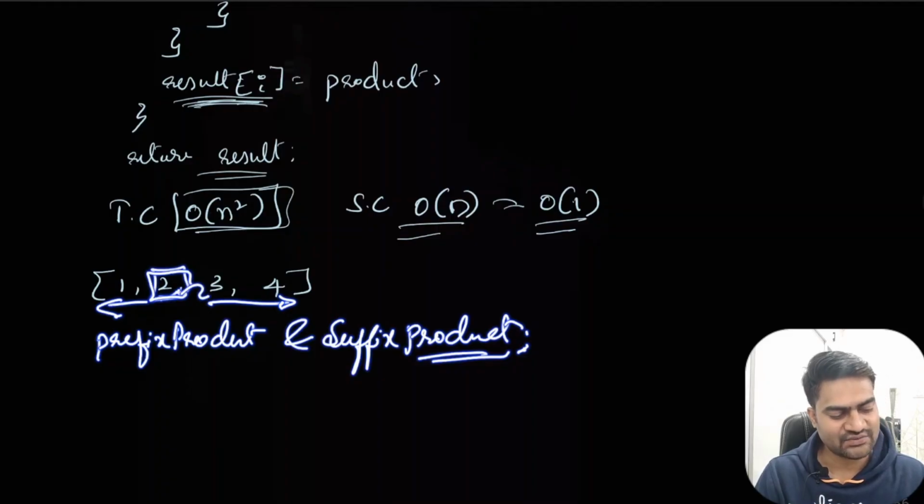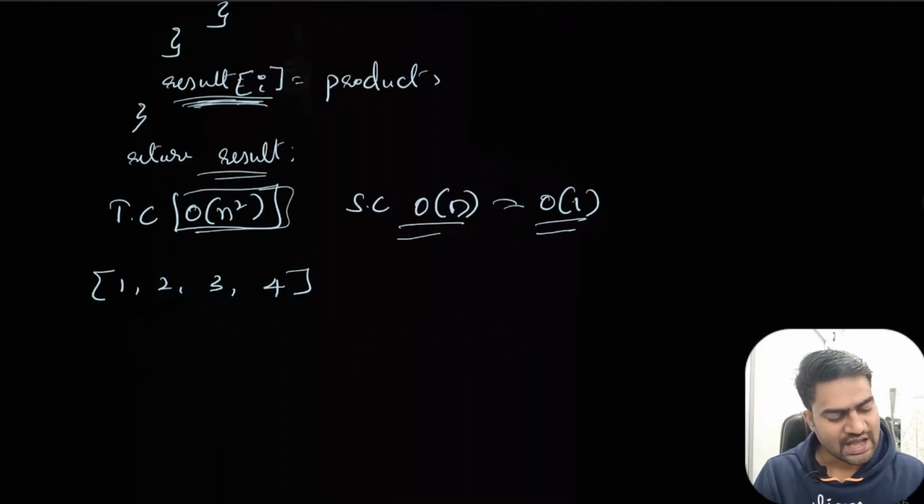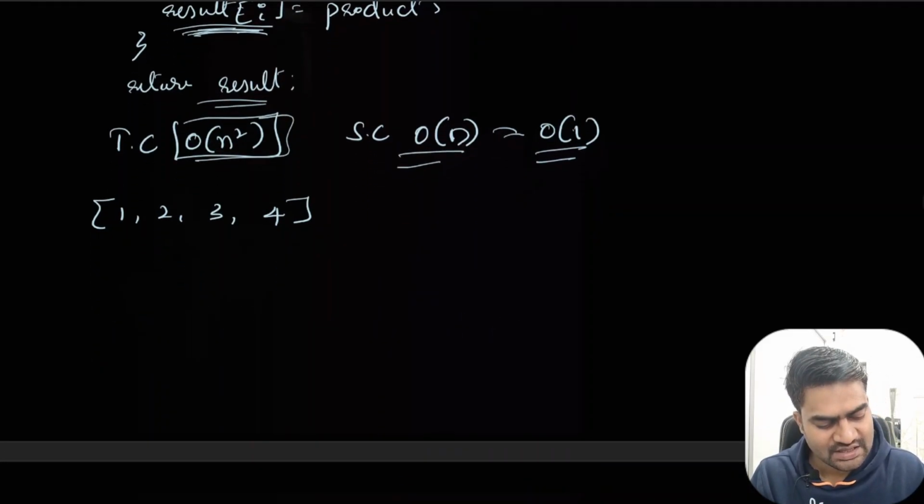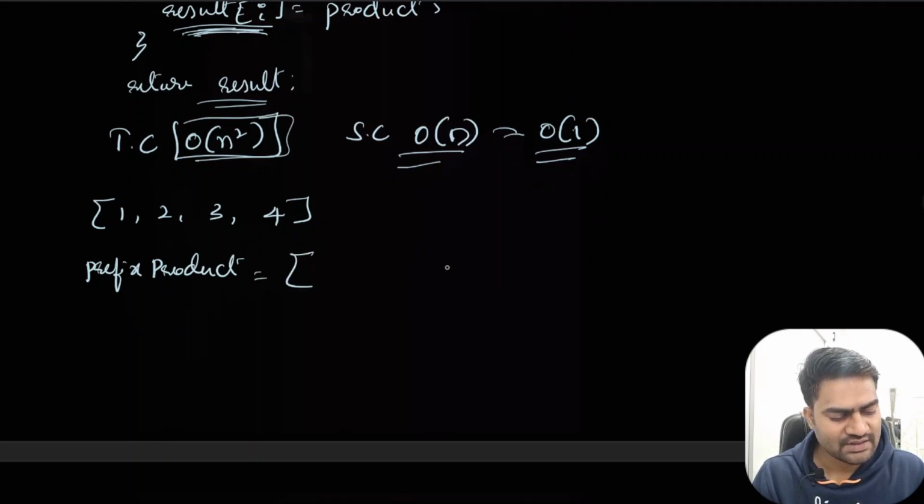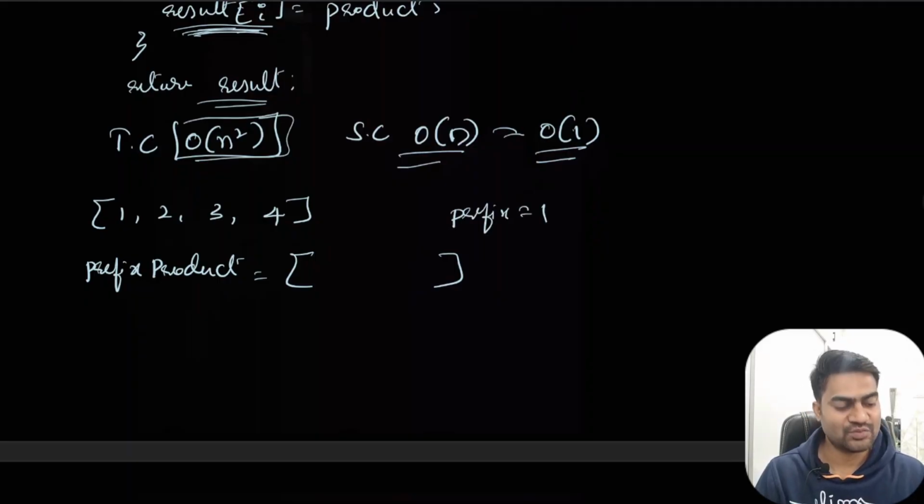So considering that fact, I will first take a prefix product array. Then I will consider 1 as our initial prefix, because if there is nothing before 1, we consider there is 1 here, and after this again we consider there is 1. Okay, so with this we will start.